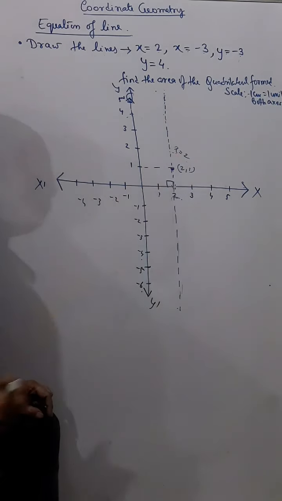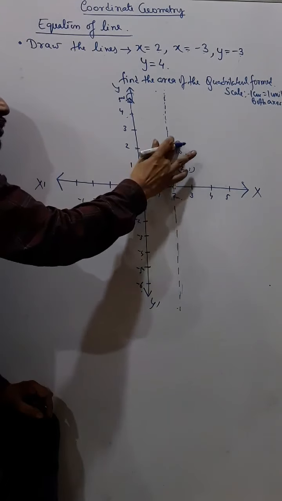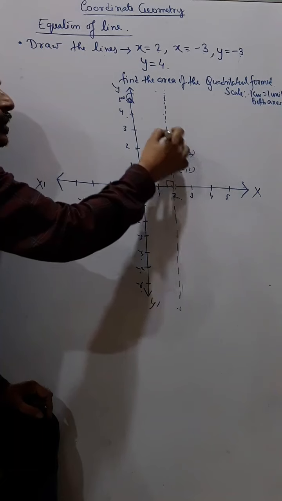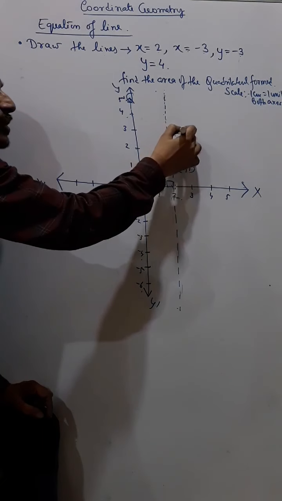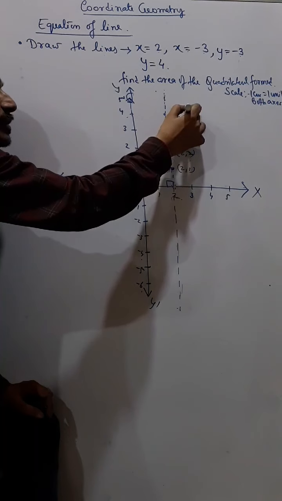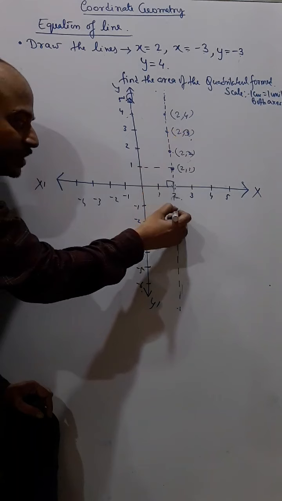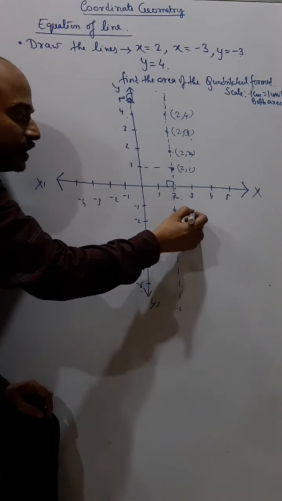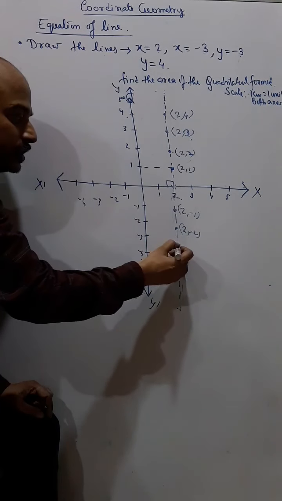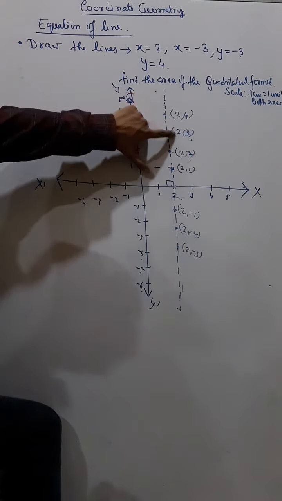When I say this point, the coordinate of this point will be (2, 1). Now this point will be (2, 2). This point will be (2, 3). This point will be (2, 4). This point will be (2, -1), this will be (2, -2), and this will be (2, -3). So try to understand, in every case the value of x is 2.